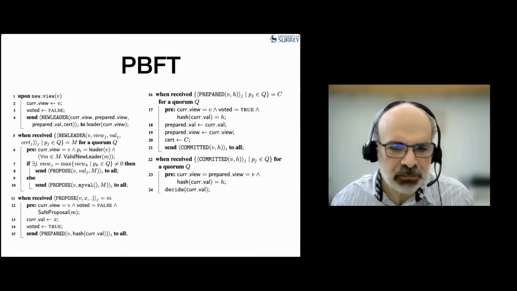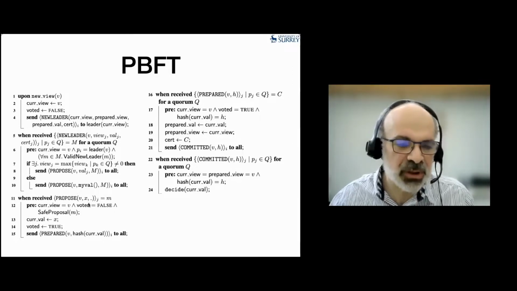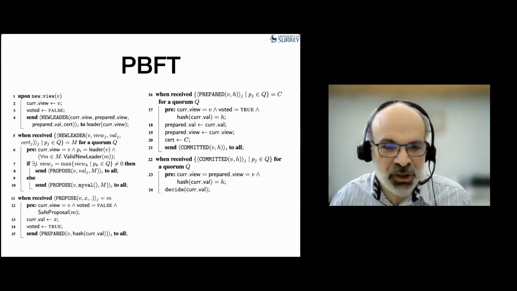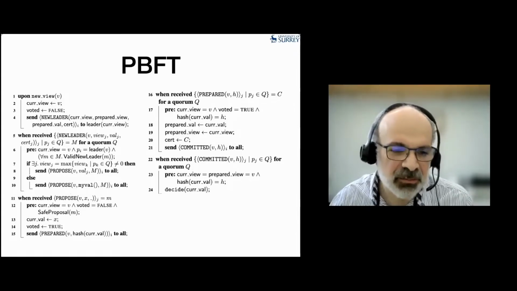This is a well-known Byzantine consensus algorithm called PBFT, expressed in that framework. If you read the original description, it is incredibly complex. But if you use the Synchronizer, this is the code you end up with. I can teach it in an undergraduate class. It looks quite simple.